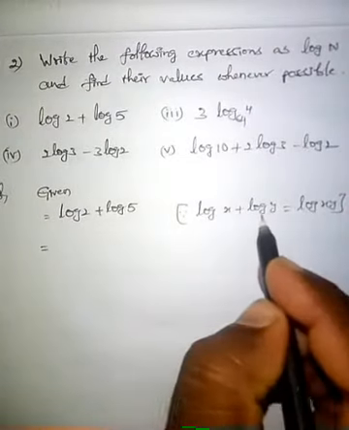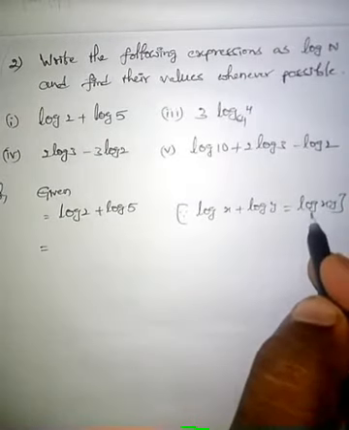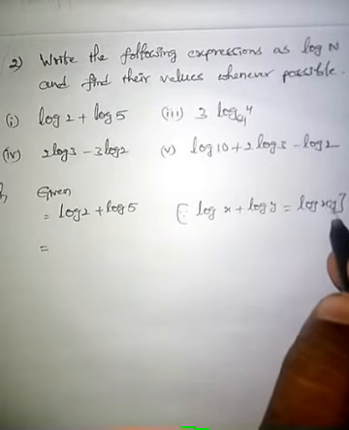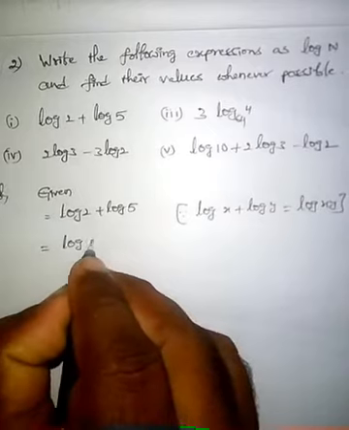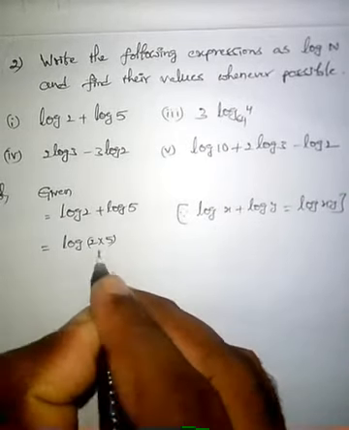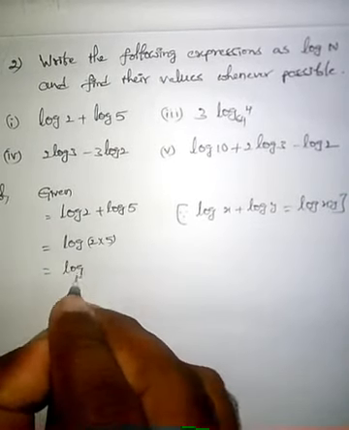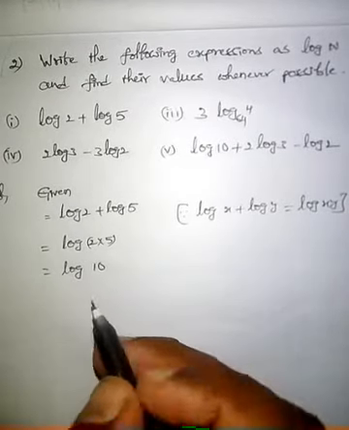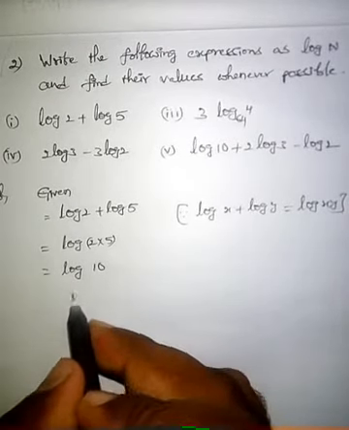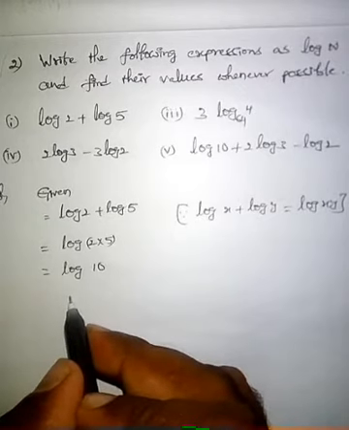So this is in the form of log x plus log y, so you can write log x into y. Similarly here also, x means 2, y means 5, log 2 into 5, that is log 10 to the base 10. Already I told you, if there is no base, we have to consider the base as 10.